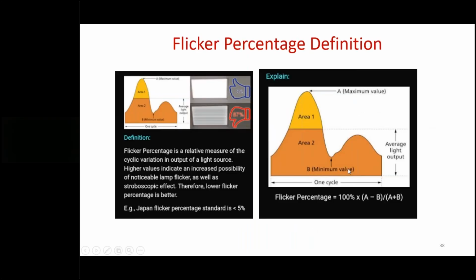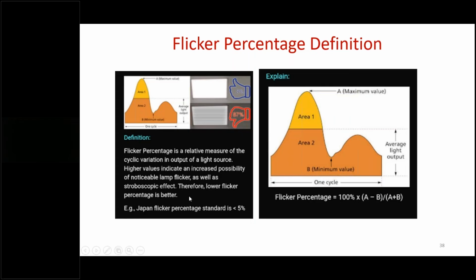But let me quickly talk about flicker, and then we would go on to how to download the app. Lighting Passport is able to measure flicker, and there are 3 parameters. Flicker percentage: the maximum is A, the minimum is B, and (A minus B) over (A plus B) is the flicker percentage, and it represents the cycling variation.